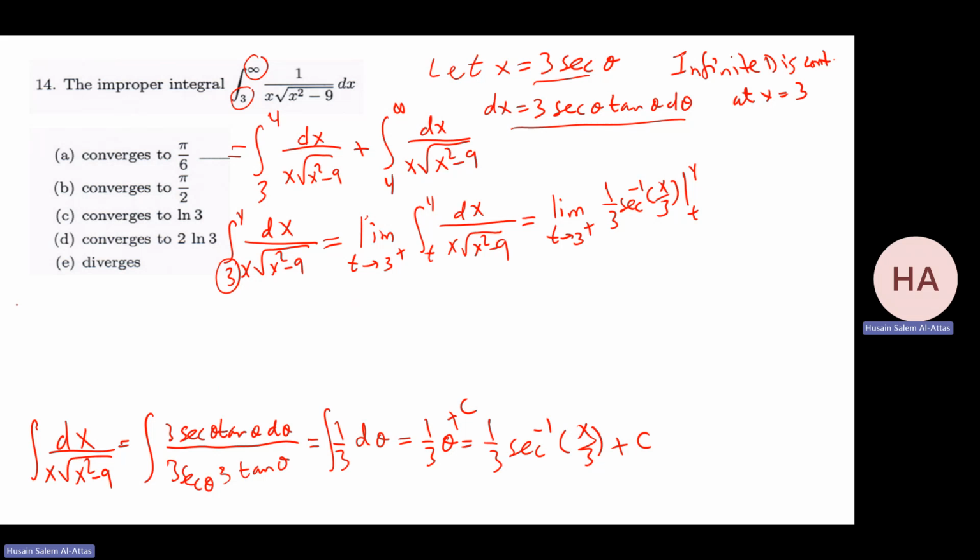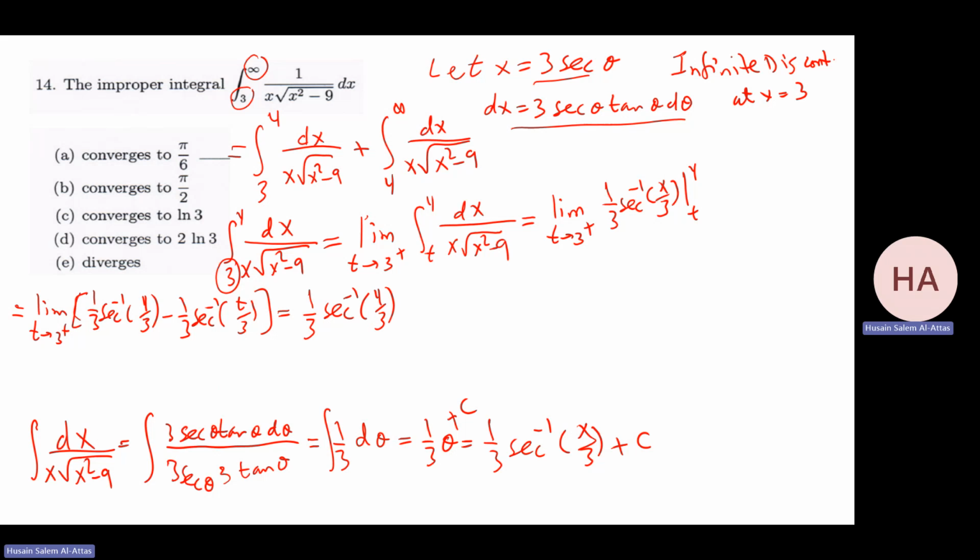And that is equal to the limit as t goes to 3 from the right of 1 over 3 secant inverse 4 over 3 minus 1 over 3 secant inverse t over 3. Now let me do the calculation. t goes to 3, so I have 1 over 3 secant inverse 4 over 3.